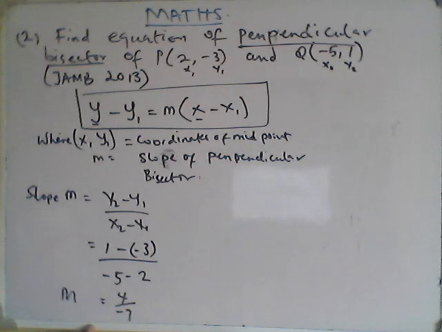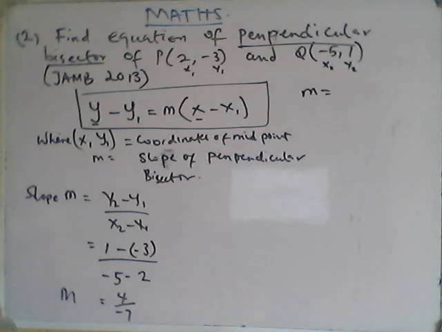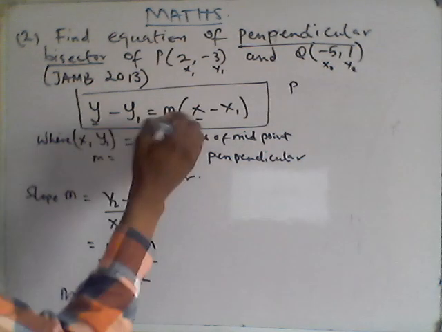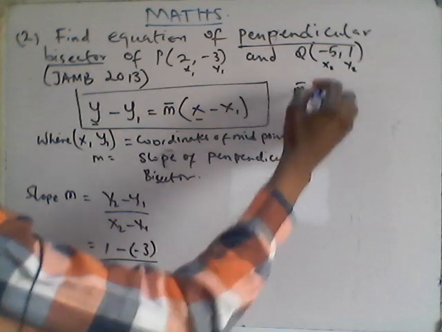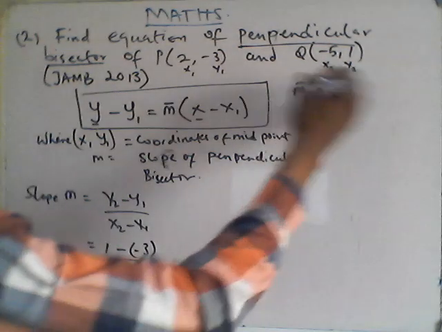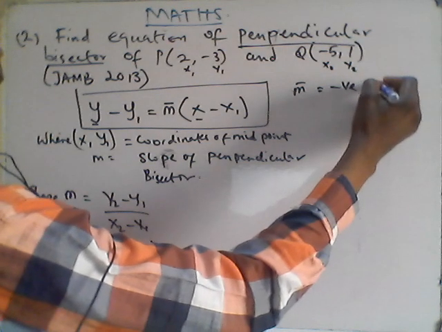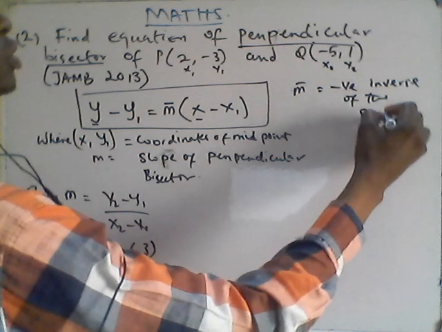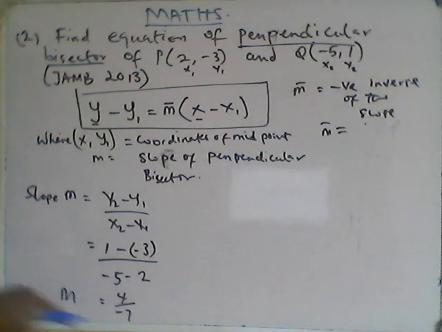The relationship between the slope and the slope of the perpendicular bisector is that the perpendicular bisector slope, let me call this one m prime, is equal to the negative inverse of the normal slope.